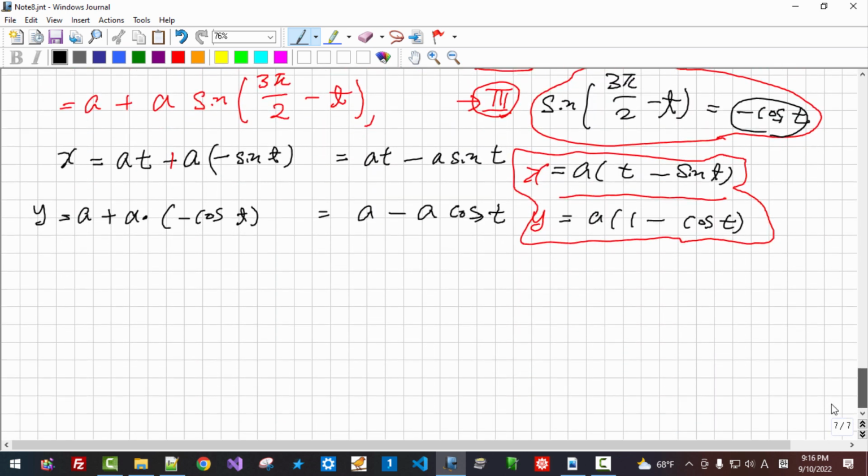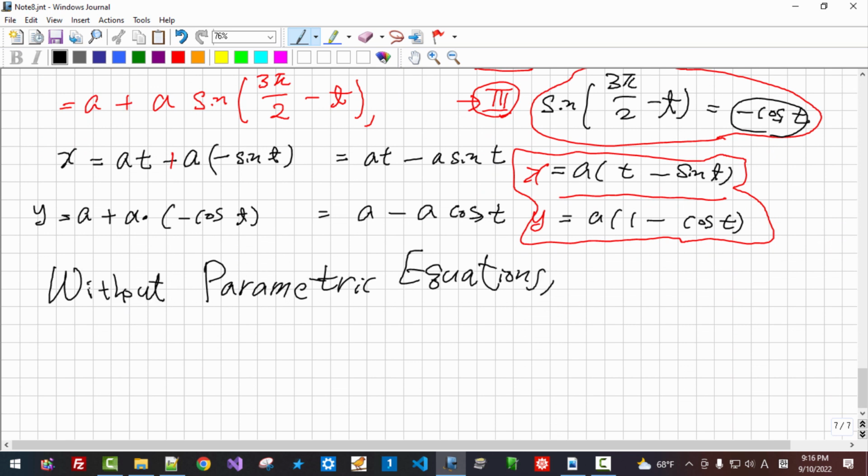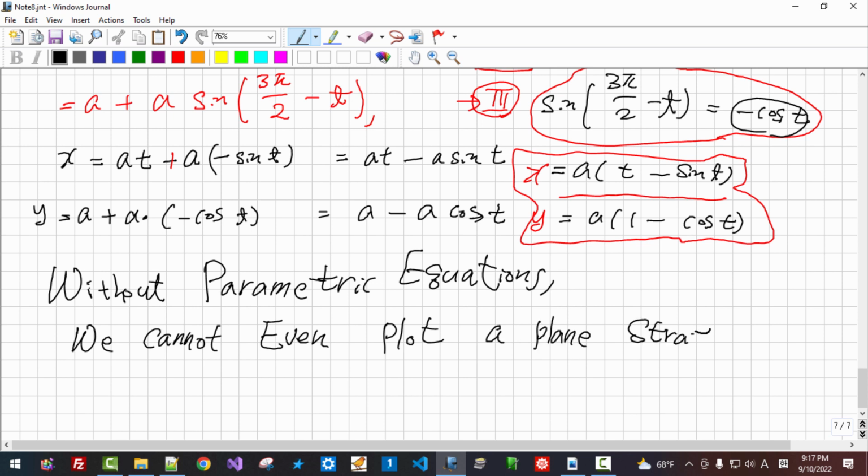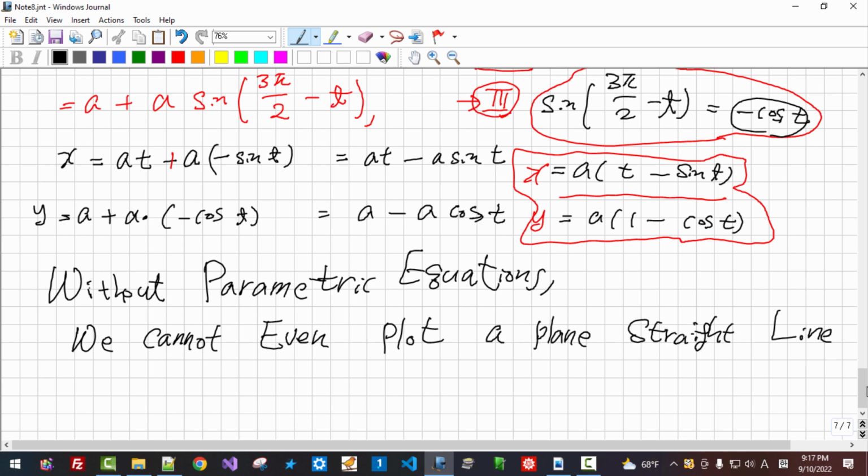As I said previously, without parametric equations, we cannot even plot a plain straight line.